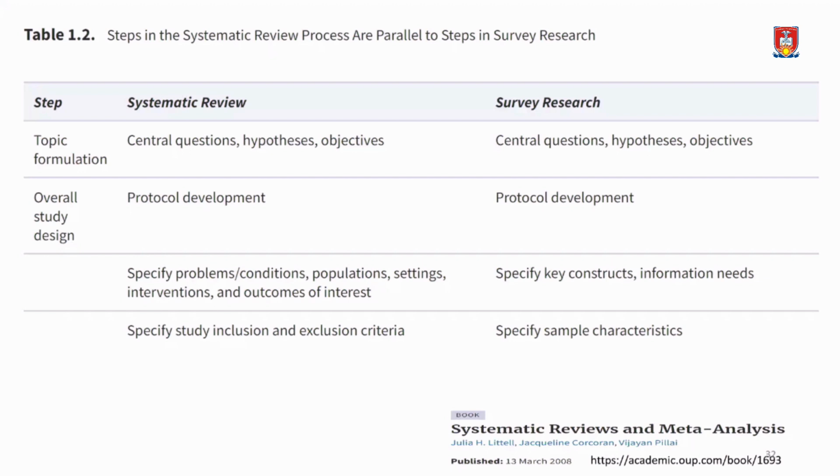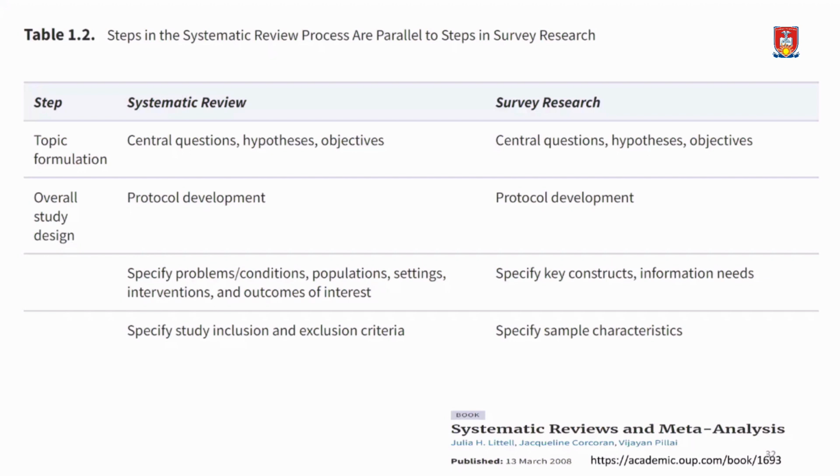When it comes to topic formulation, they both have central questions, central hypotheses, central objectives that they are trying to address. In terms of study design, you design your protocol for a survey, you design your protocol for a systematic review. And you also specify the problems and conditions, the population, the setting, just as you do in a survey.